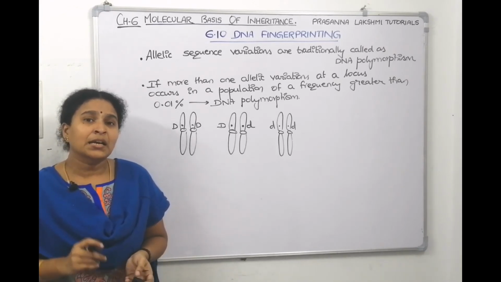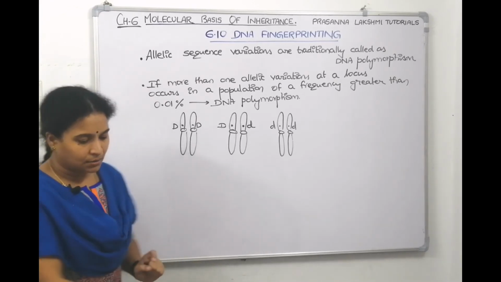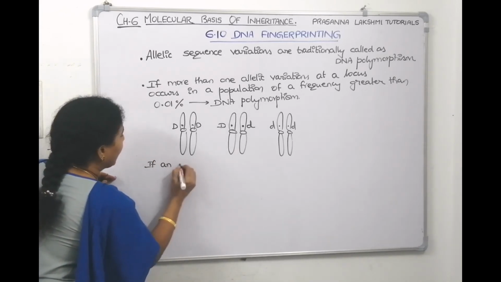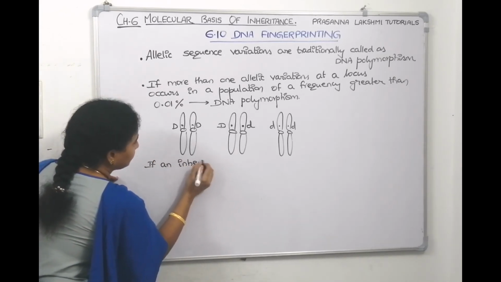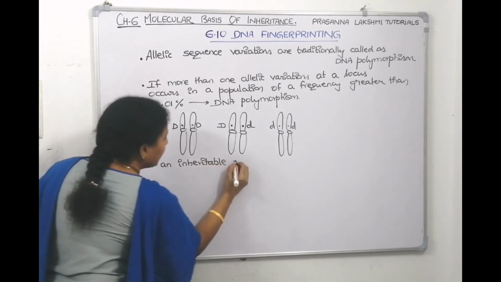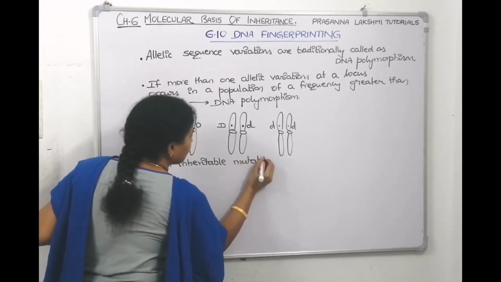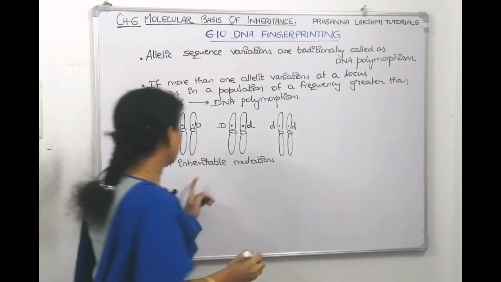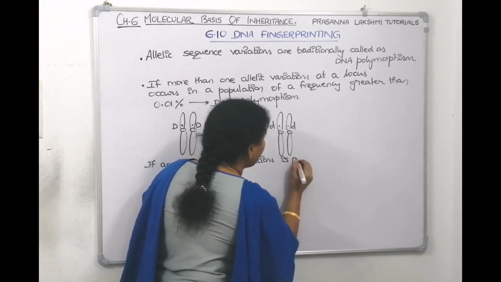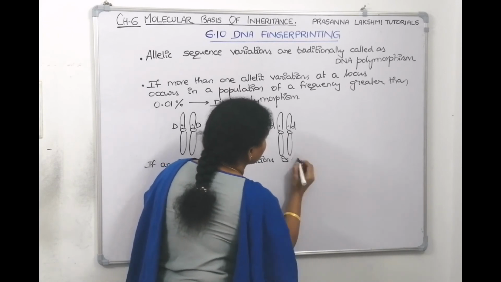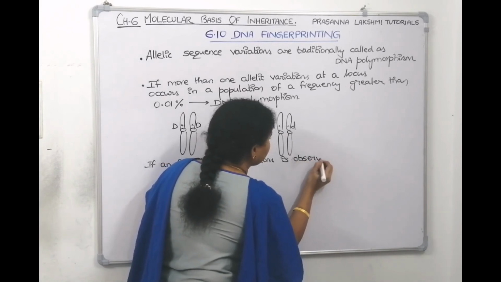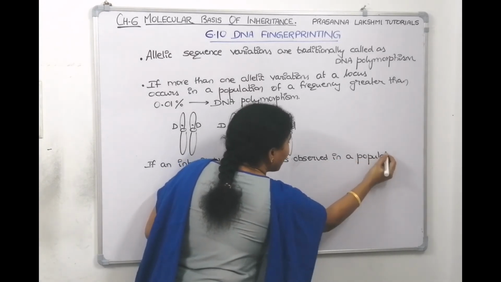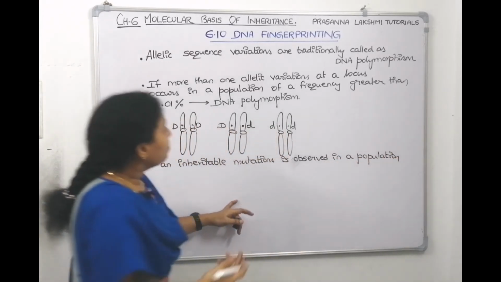Understood? And we are telling that an inheritable mutation, a mutation that is transmitted and observed in a population, spreads in the population by reproduction only.